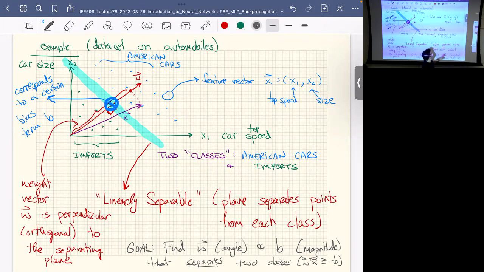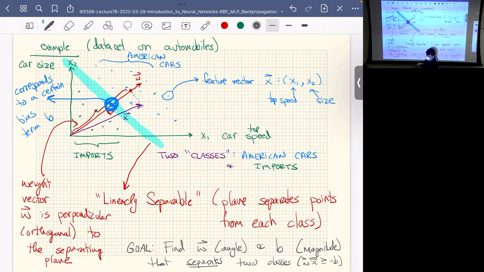And so we need data that you could put a plane in here, and that plane would separate these two clusters. So I drew it as a line because I'm two-dimensional, but imagine three-dimensional or higher, and it's a plane. Okay, good. All right, so any questions about that?